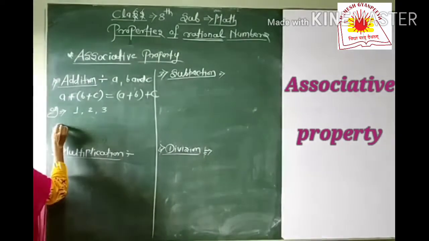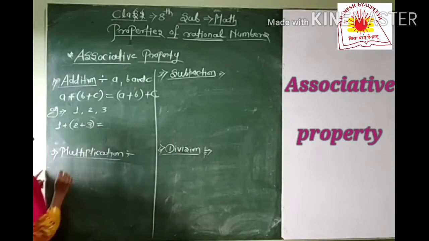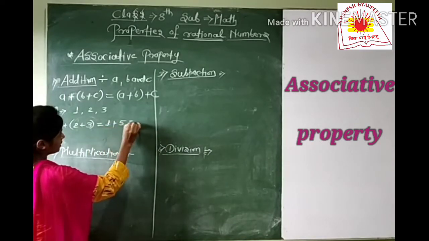Then check here: 1 plus in bracket 2 plus 3, which is 1 plus 5, equal to 6.